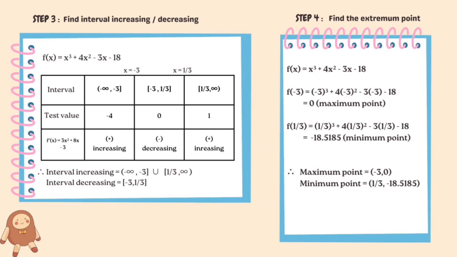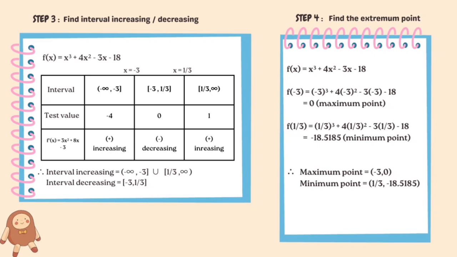So what we're going to do is key in these test values into the function and see whether we get a positive or negative number. If we get a positive number, it is increasing. If we get a negative number, it is decreasing. For the first interval, we got a positive number, which is increasing.